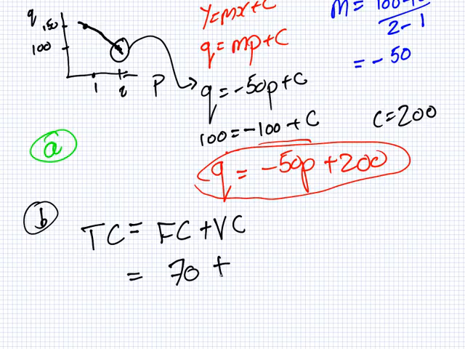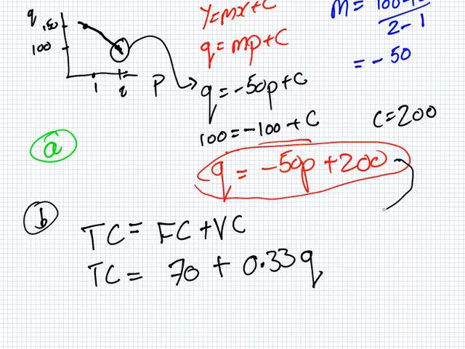And what's the variable cost? 0.33 per unit, so we need to multiply this by quantity. So this is the total cost. But in the question I say, what is the total cost in terms of P? Here it is in terms of Q. So how can I make this in terms of P? Well, I can use this, can't I? This gives me my Q.